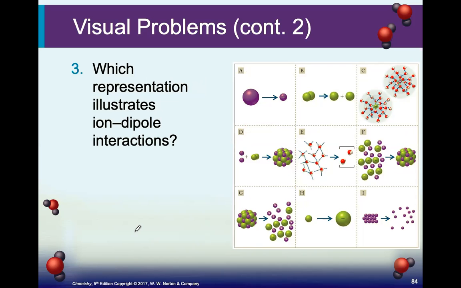Ion-dipole interactions. Do you see any ion-dipole interactions? Probably C. C is in cat, C on the top. Yes, those are ions.